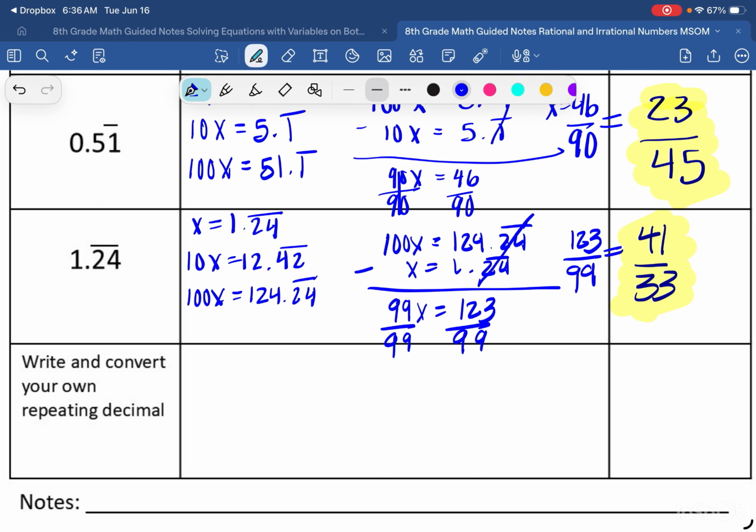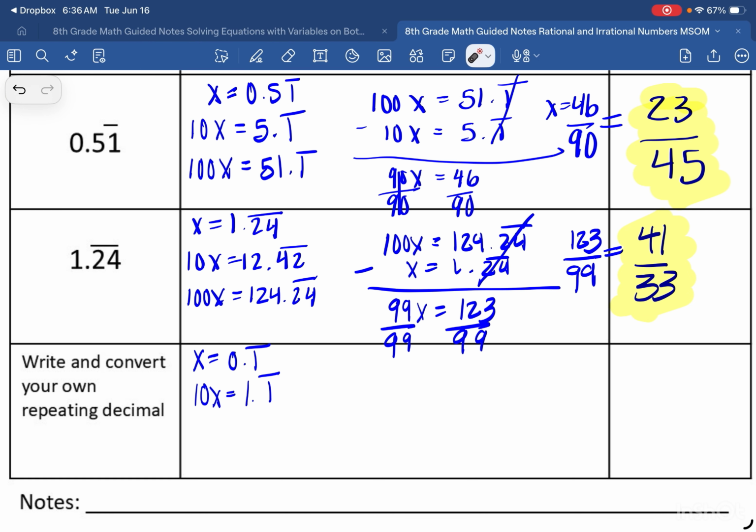Write and convert your own repeating decimal. You can try this on your own. I'm going to do one, but yours can be different. I'm going to try x equals 0.1 repeating. So my x is 0.1. My 10x is going to be 1.1 repeating. I can stop right there with those two equations because my decimals will cancel out when I subtract them.